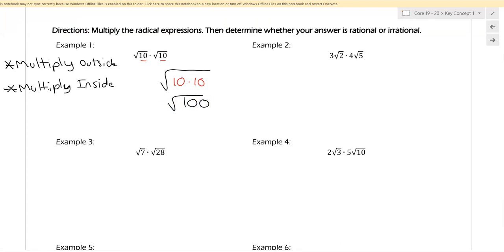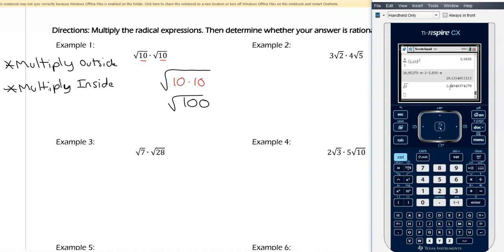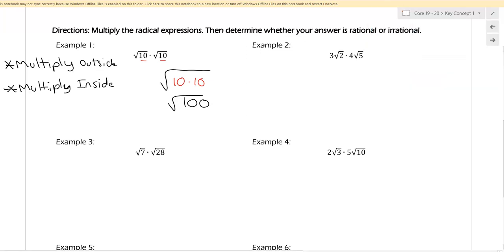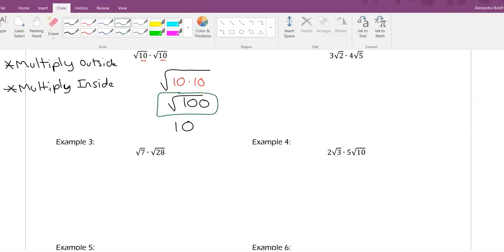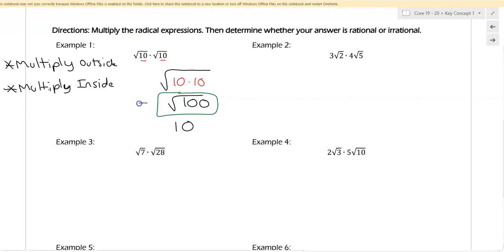And then I always want to check if I can actually simplify that square root. There we go, I can. I did the operation. I typed this whole thing in the calculator, right? So then my answer is just 10.